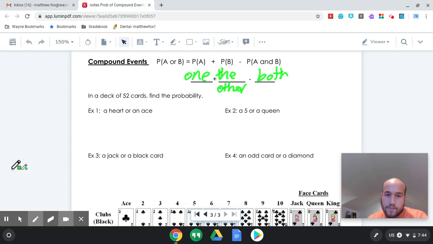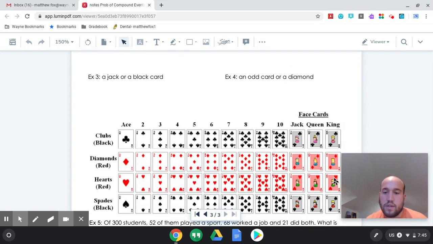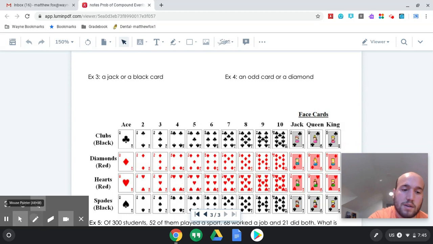Okay, so if we scroll down here, it says in a deck of 52 cards, find the probability. An example one is a heart or an ace. If we look here, all of our hearts, right here, there are 13 of them.